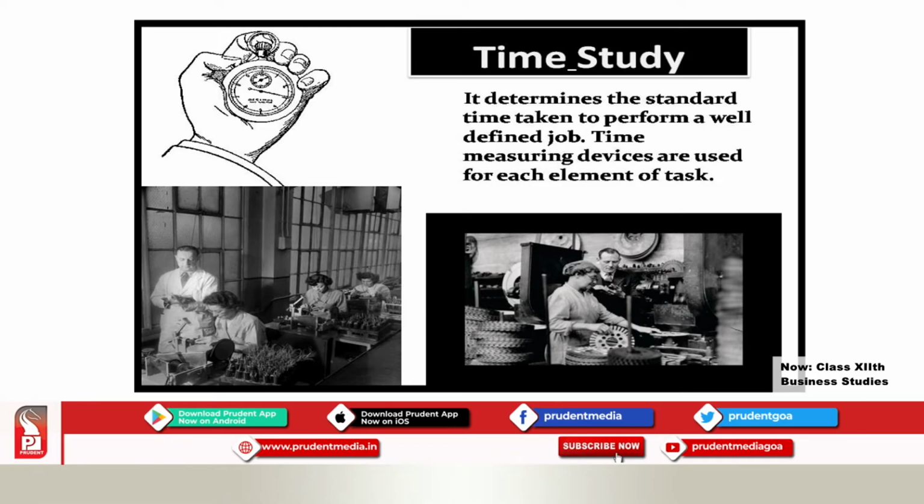Now, how to decide a standard time? Frederick Taylor says, you observe average employees while they are performing their job. Observe average employees with the help of a stopwatch and then decide what is the standard time required to complete a particular job.